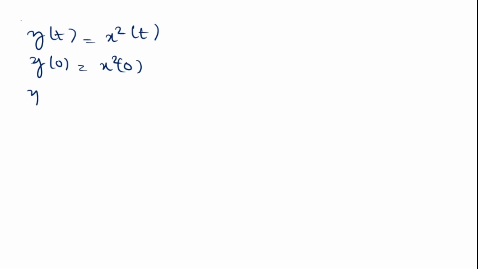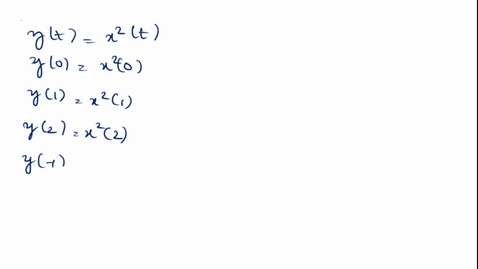Next problem, y of t is equal to x square of t. Then varying the value of t, we will get y of 0 is equal to x square of 0, y of 1 is equal to x square of 1, y of 2 is equal to x square of 2, y of minus 1 is equal to x square of minus 1.